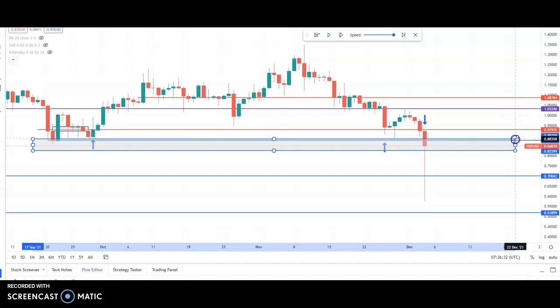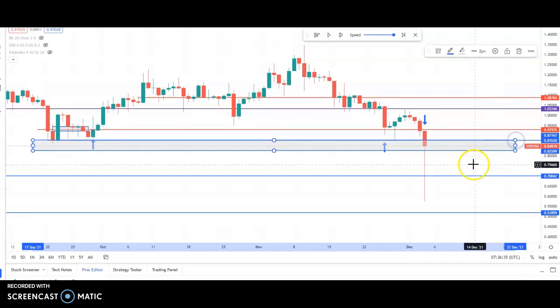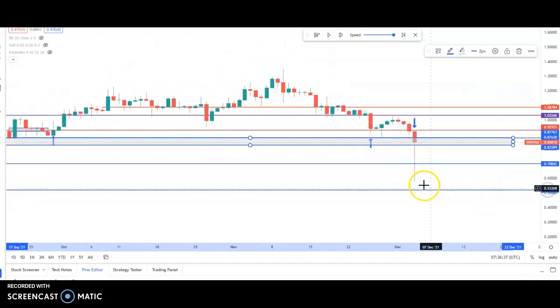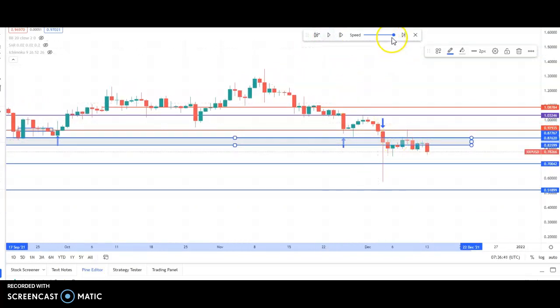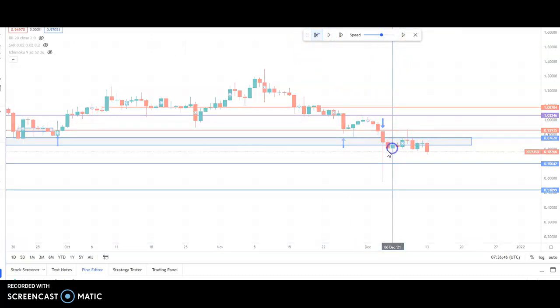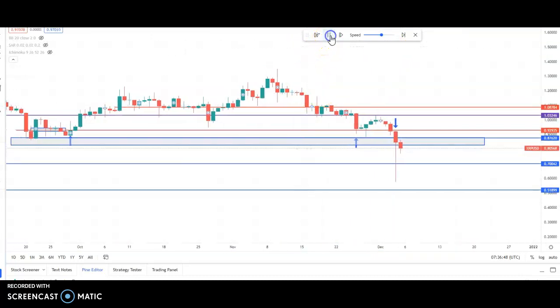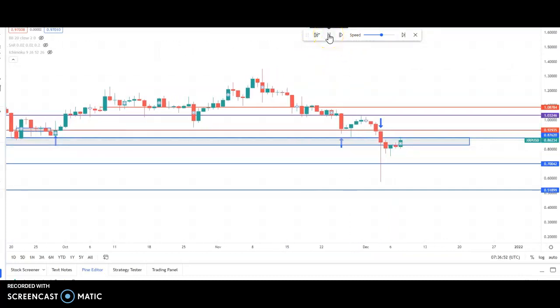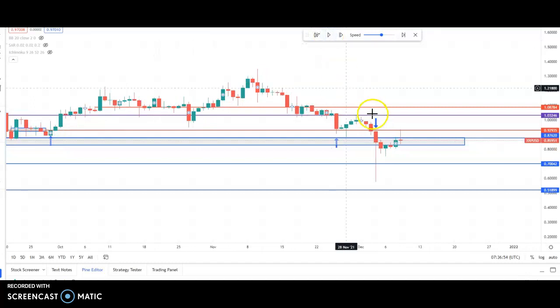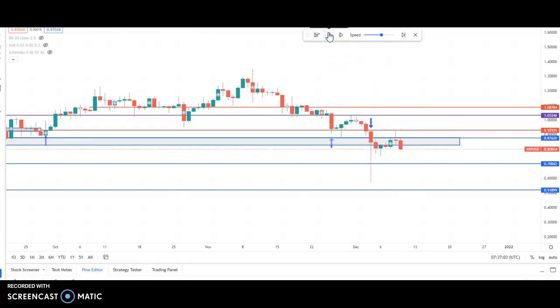Now let's see how it plays out. Whoa, that was quick. Let me slow down. Price comes back to this area, has rejected it. Now let's see how it reads.